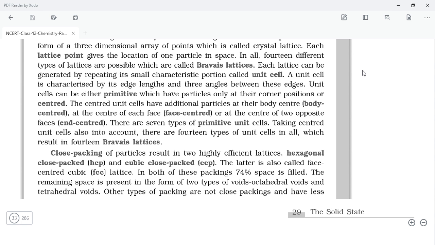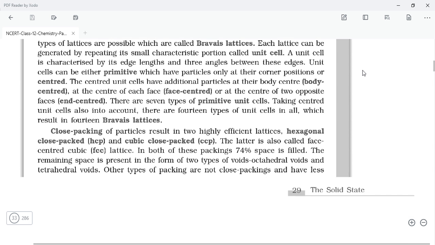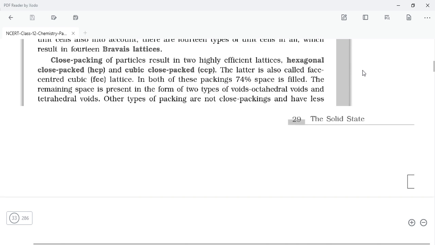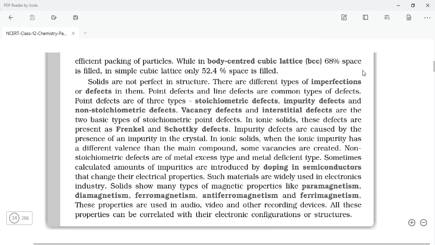The remaining space is present in the form of two types of voids, octahedral void and tetrahedral void. Other types of packing are not close packing and have less efficient packing of particles, while in body-centered cubic lattice (BCC), 68% space is filled. In simple cubic lattice, only 52.4% space is filled.